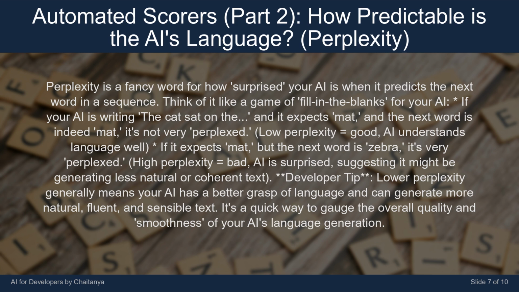High perplexity equals bad. AI is surprised, suggesting it might be generating less natural or coherent text. Developer tip: lower perplexity generally means your AI has a better grasp of language and can generate more natural, fluent, and sensible text. It's a quick way to gauge the overall quality and smoothness of your AI's language generation.